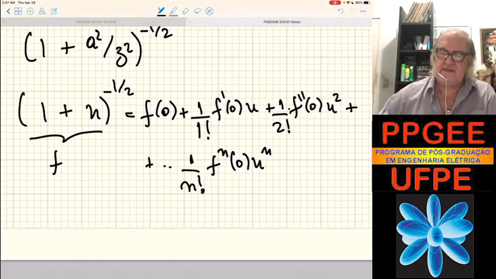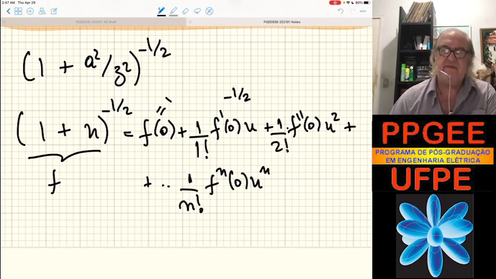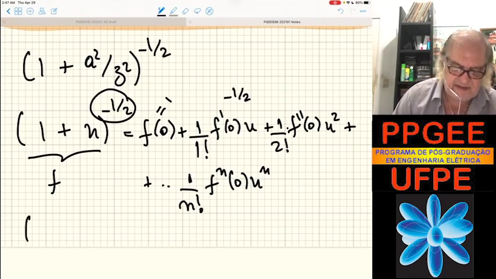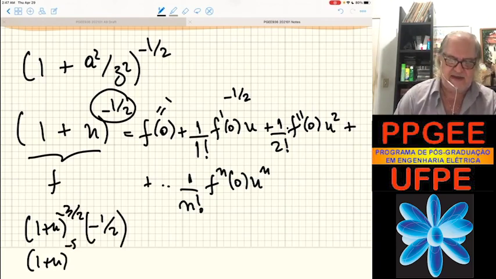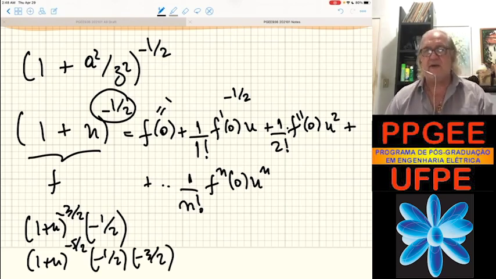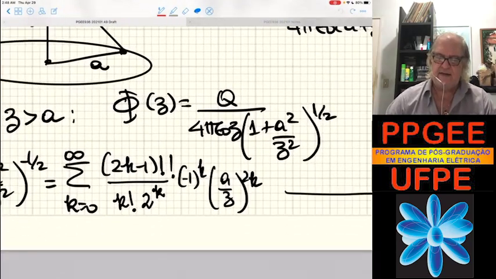So what you have to do is calculate those derivatives. f of 0 equals 1. The first derivative is (1 plus u) to the minus 3/2 times minus 1/2. The next one is (1 plus u) to the minus 5/2 times minus 1/2 times minus 3/2, and so on. And you can calculate this expansion, right? After you do that, you obtain something like this.